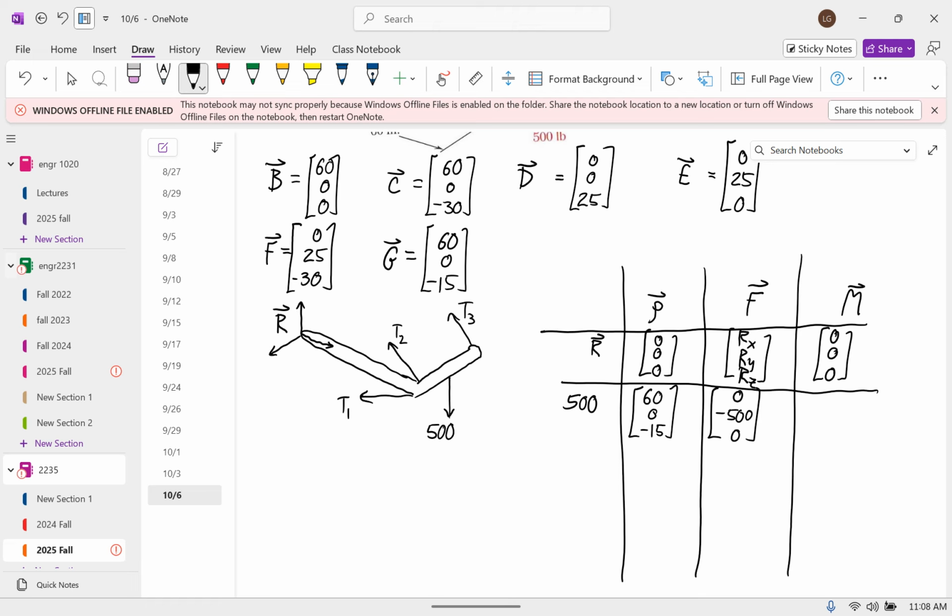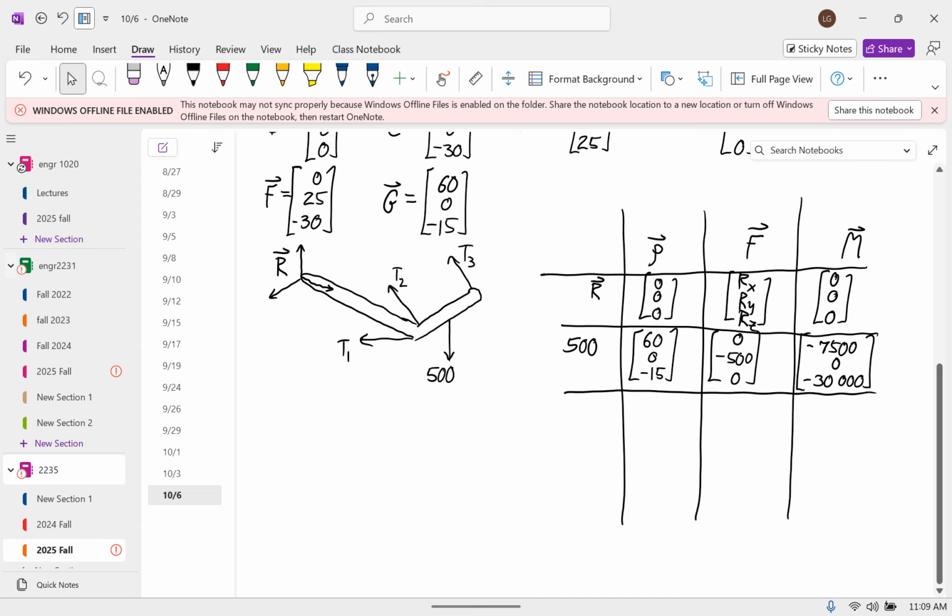The cross product is negative 7,500, 0, negative 30,000. And now we have to do the cables.